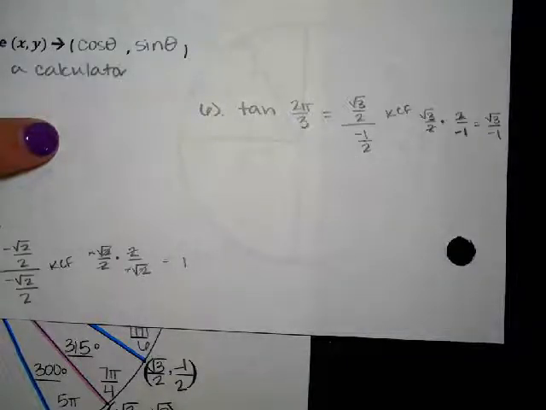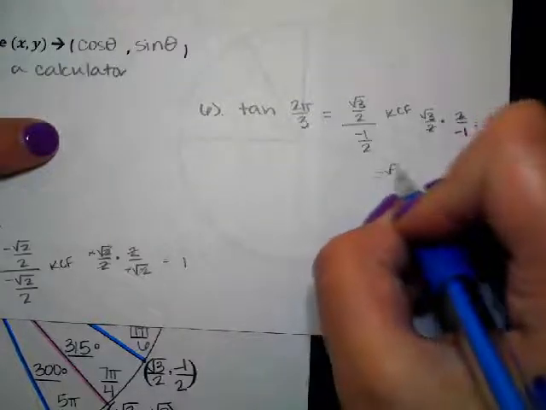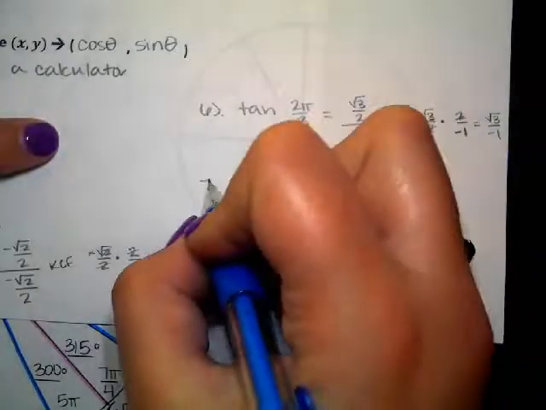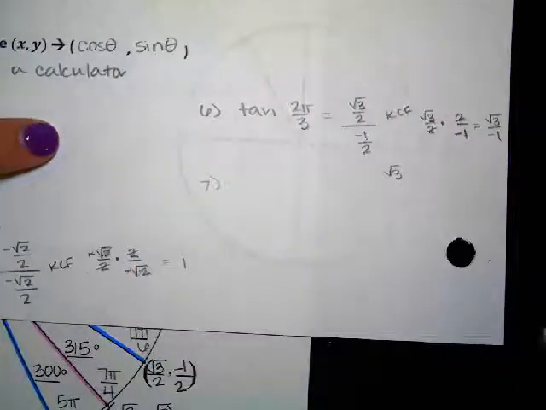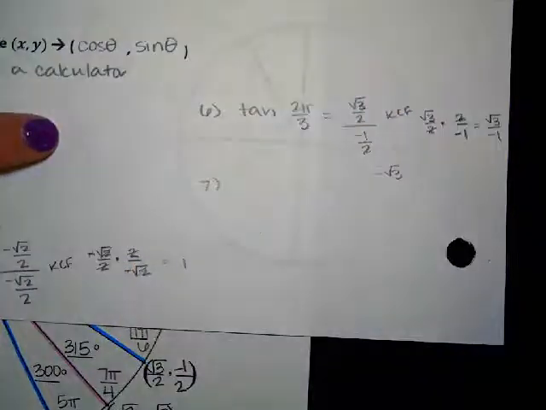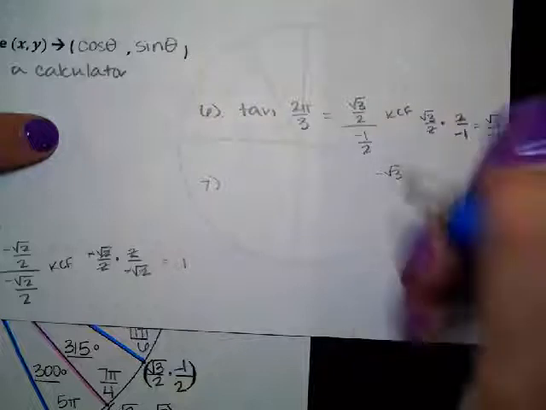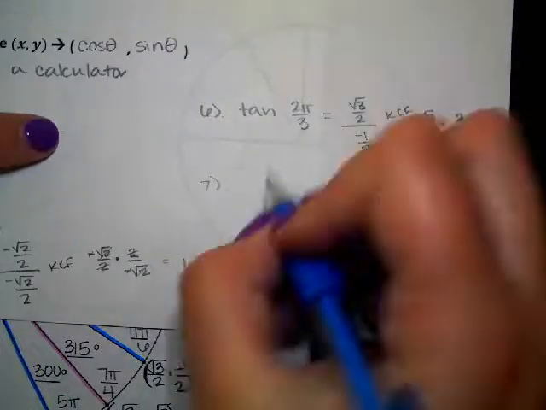Okay, let's do another tangent. This time we're going to do tangent of 30 degrees. What are we dividing here?